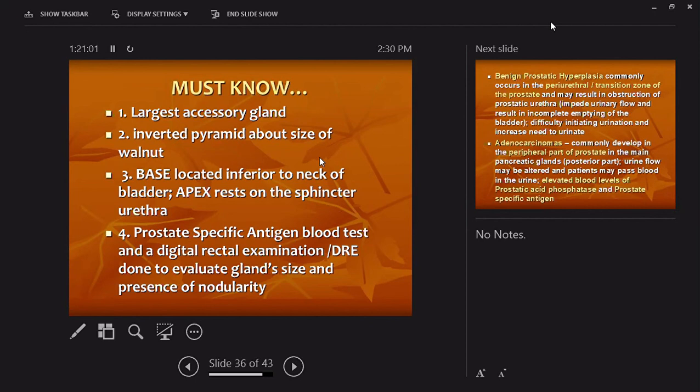Once you have an enlargement or presence of nodularity, basically you have to go for further analysis. That would most probably be adenocarcinoma, or the next, just hypertrophy only.